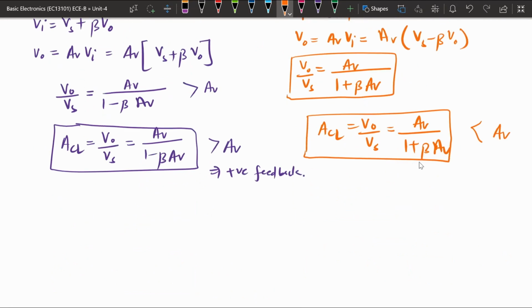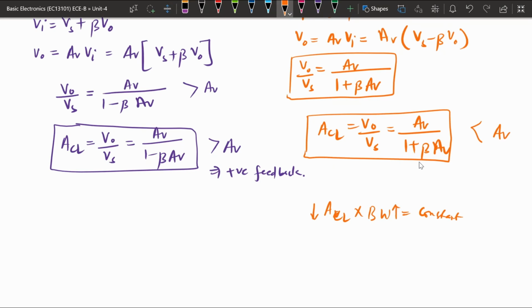So based on the beta factor we can reduce the gain of the amplifier, and if we are able to reduce the gain in closed loop system, the bandwidth will be increasing, because closed loop gain multiplied by bandwidth is a constant. So if AV or closed loop gain is reduced, then bandwidth will increase.